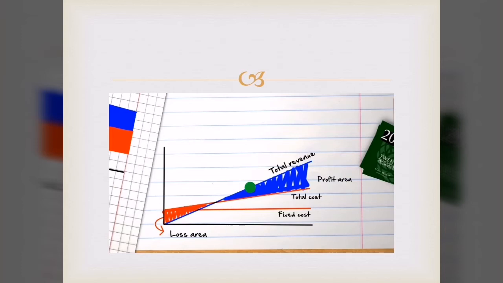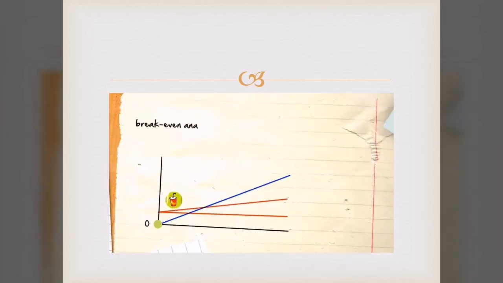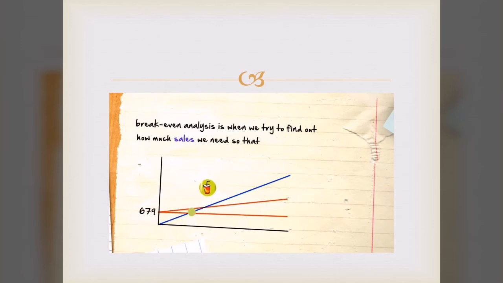So when you're at break-even point, you're not in a good situation, but you're also not in a bad situation. You have no profit, but also no loss. If you're still starting out in your business, you of course want to target reaching break-even point so that you don't lose money. Break-even analysis is when we try to find out how much sales we need so that your business can break even.